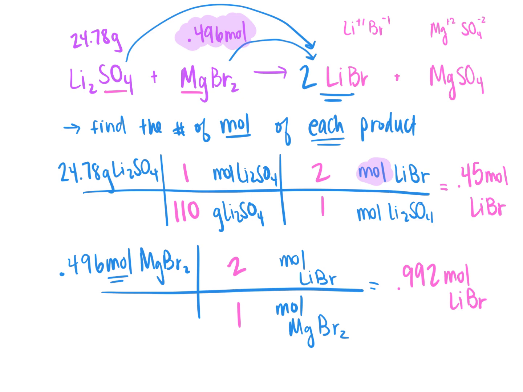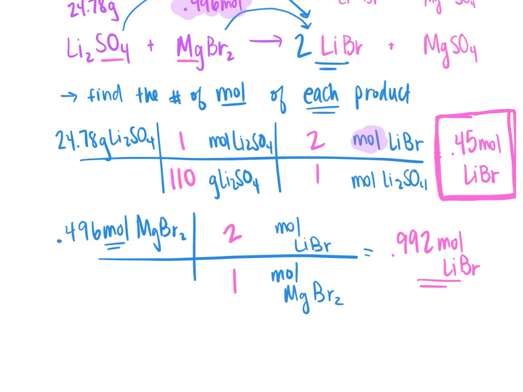I can answer how many moles of lithium bromide I can make, and what is it? You can make 0.45. So this is how much lithium bromide I can make. I will not get the opportunity to make 0.992 moles because lithium sulfate will run out before that time. Right? I won't get the opportunity to do it.